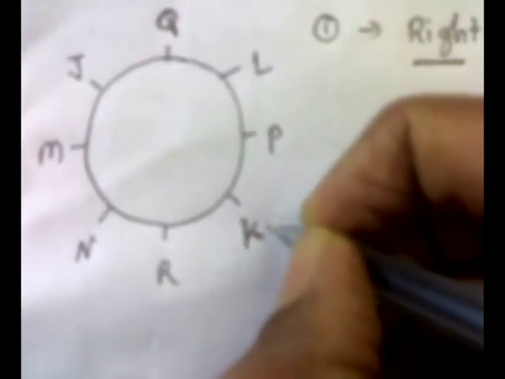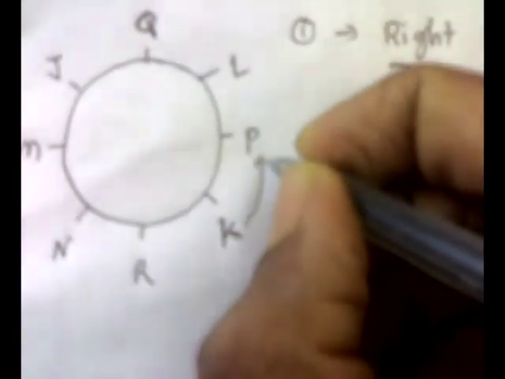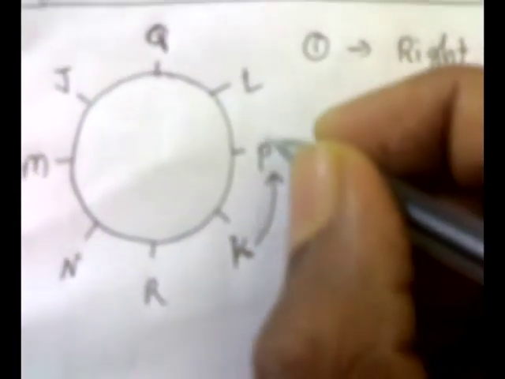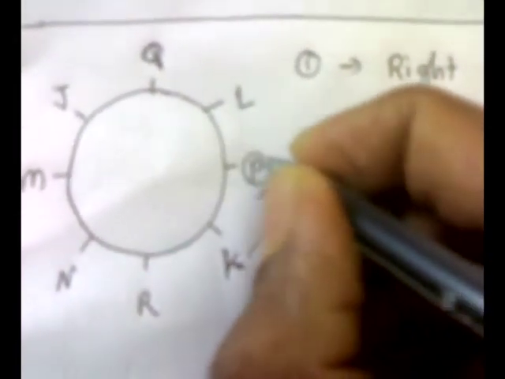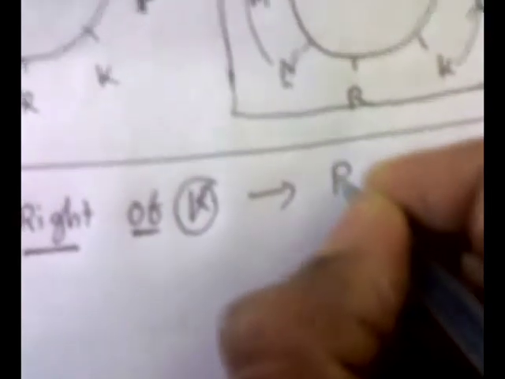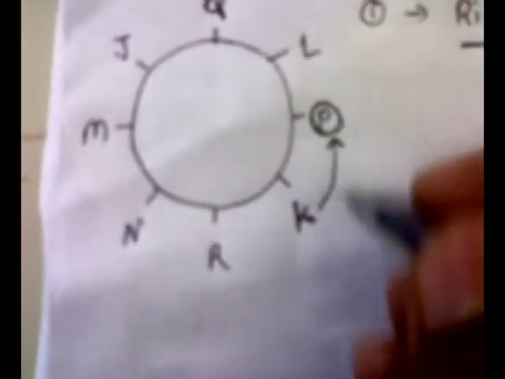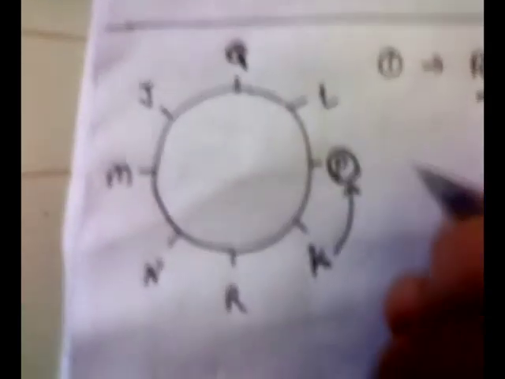So if we move in an anti-clockwise direction from K, P is situated. So our answer for the first question is P. In this way, the answer for the first question is P is to the right of K.